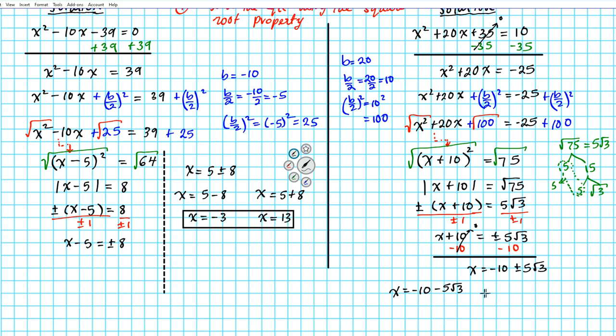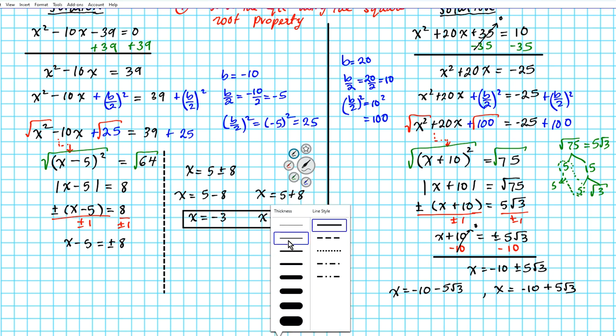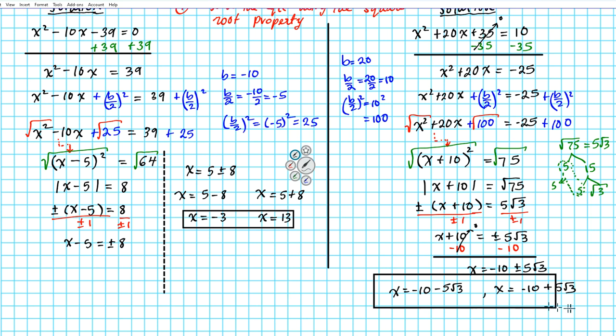And then the second one is x is equal to negative 10 plus 5 root 3. Okay, so ladies and gentlemen, there goes the answers to question number 2.